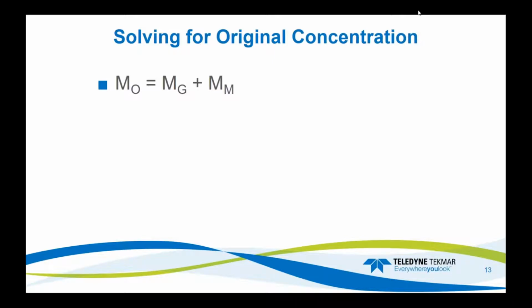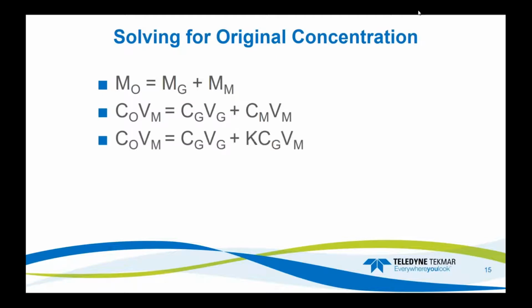If we solve for the original concentration, C sub O, we substitute in the values for those concentrations into that equation, then add in the partition coefficient. We get this equation: C sub O is equal to the concentration of the gas phase times the volume of the gas over the volume of the matrix, plus the partition coefficient.